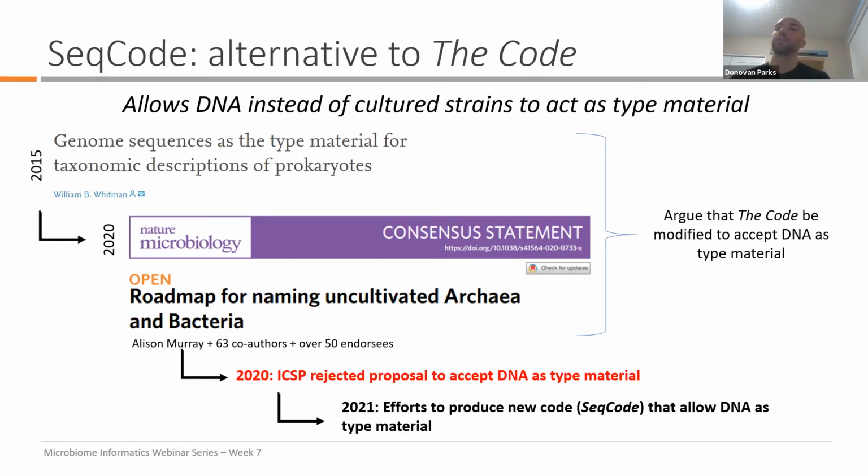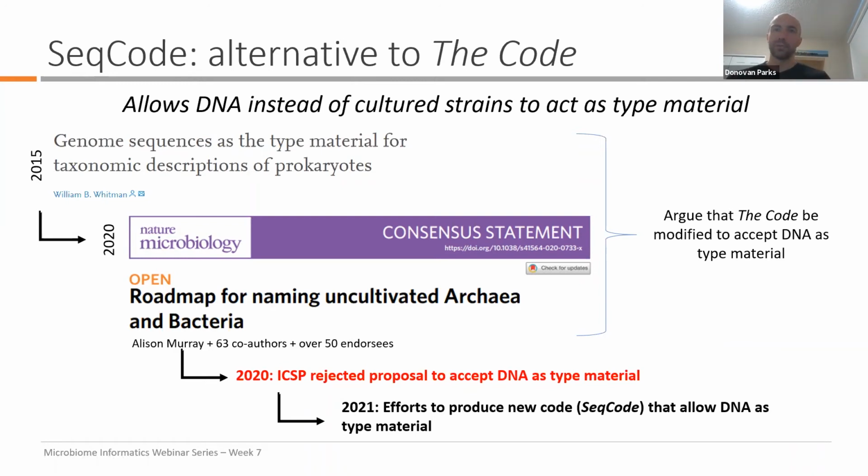We would like to be able to formally name this and apply formal taxonomy to it, and there are an appreciable number of people in our community who are of this opinion. This is the main purpose of this consensus statement by Alison Murray: it has 63 co-authors and 50 other people in the community who endorsed this idea of having DNA be suitable type material.